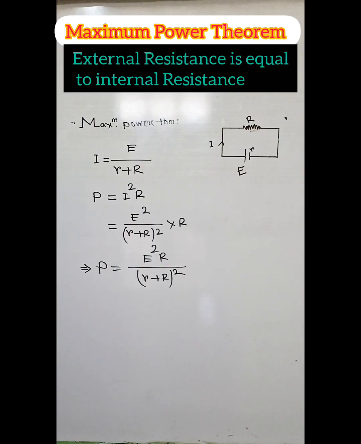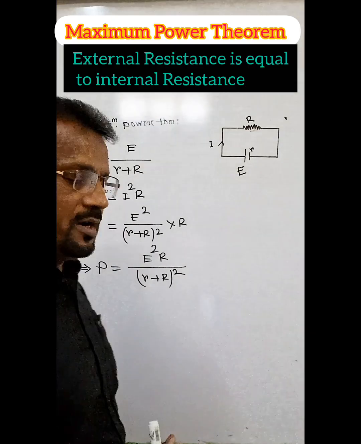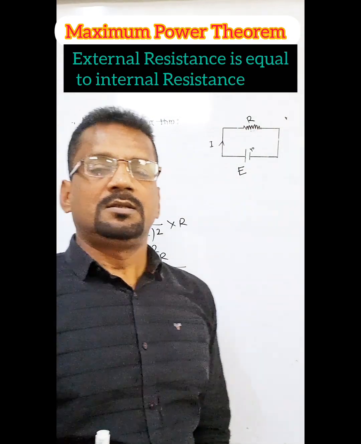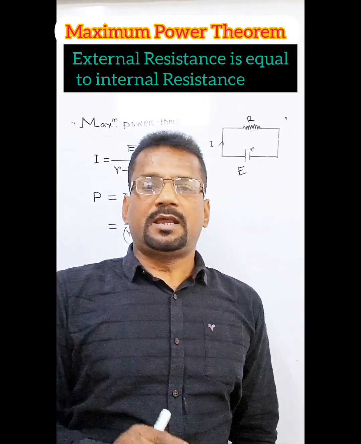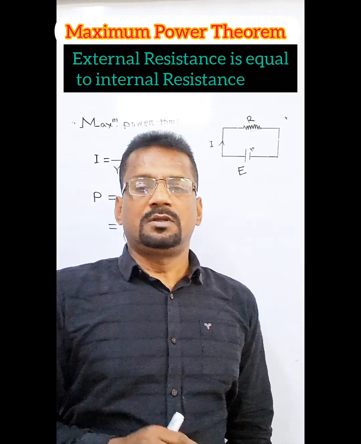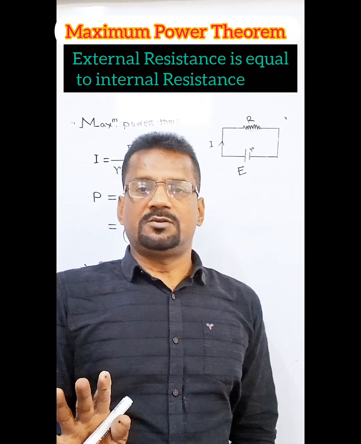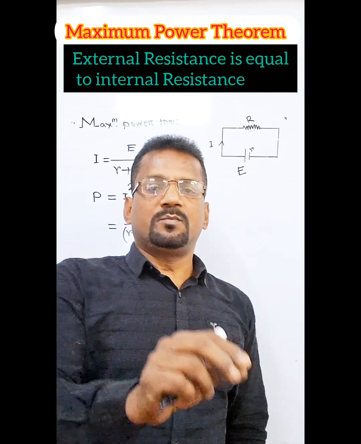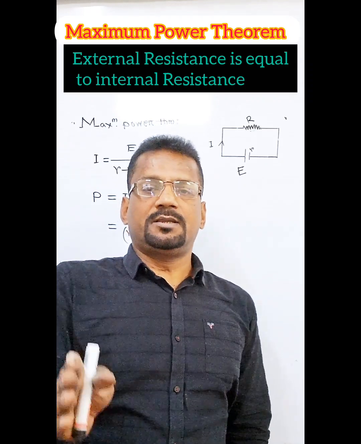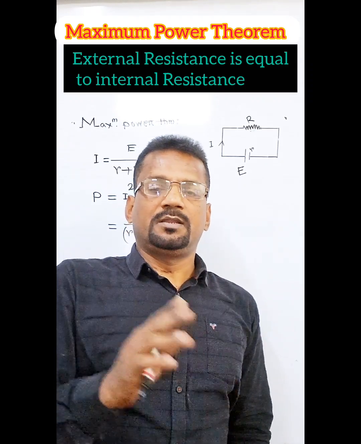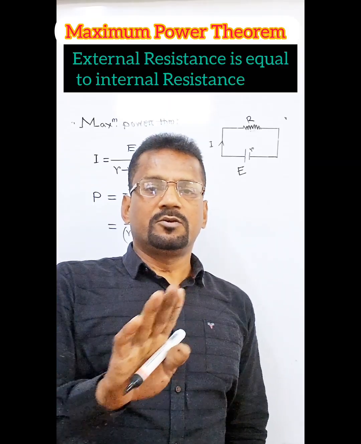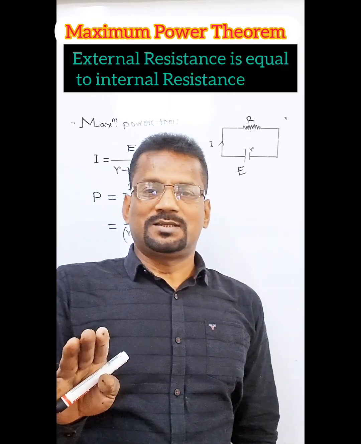Now you see, a simple concept of derivative is known to us. Whenever some function has a maximum or minimum value, at first the first derivative must be 0. After that, at that point where the first derivative is 0, the second derivative becomes negative. That's a point of maxima. So we are not going to do it in details.